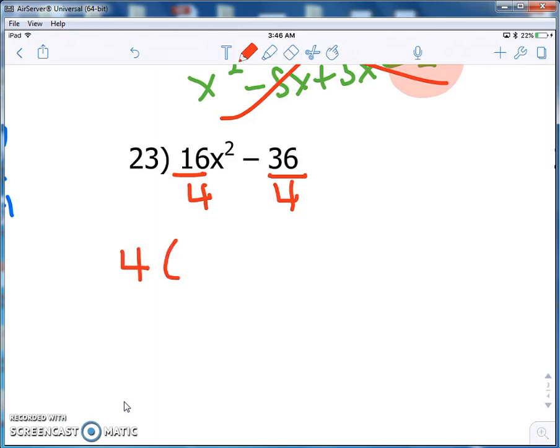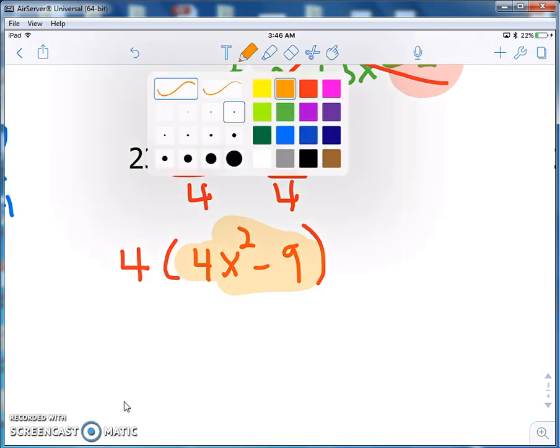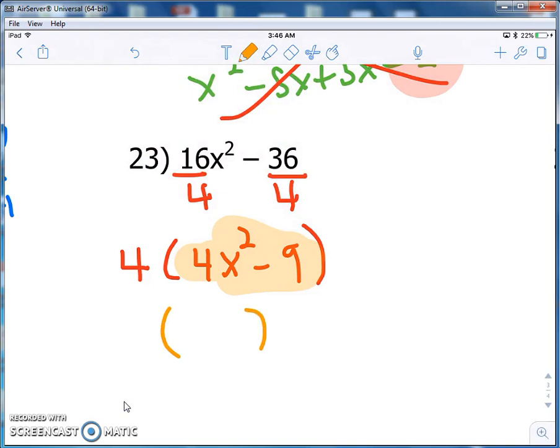If I factor out a 4, I'm left with 4x squared minus 9. Now, if the first thing was a difference of squares, after you factor out a common factor, you should still have a difference of squares. So, difference of squares factors to two sets of parentheses, one plus, one minus, and we put in our square roots.